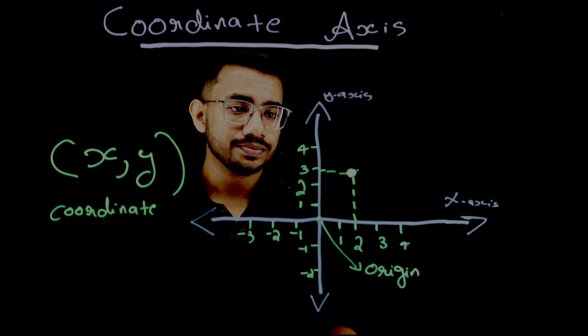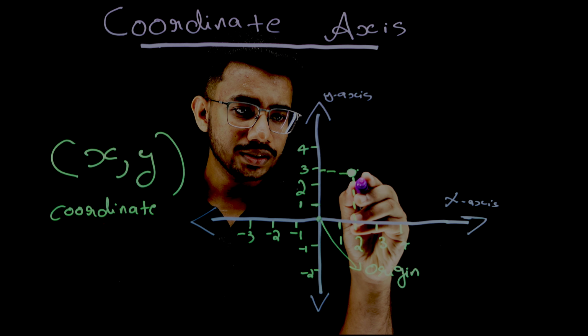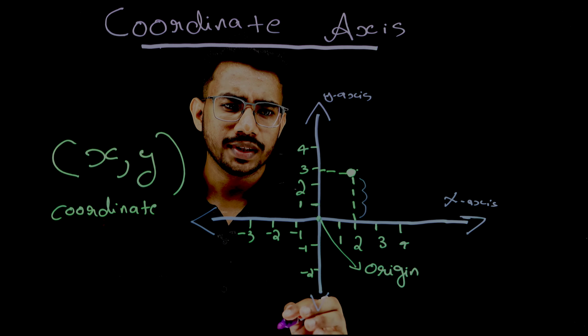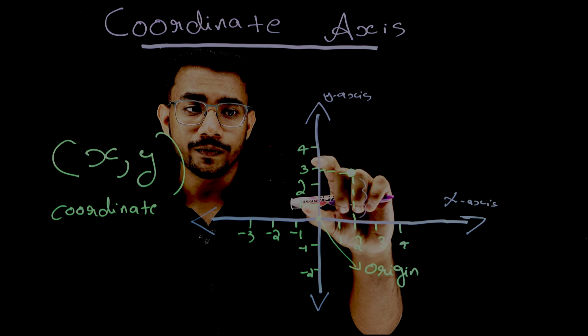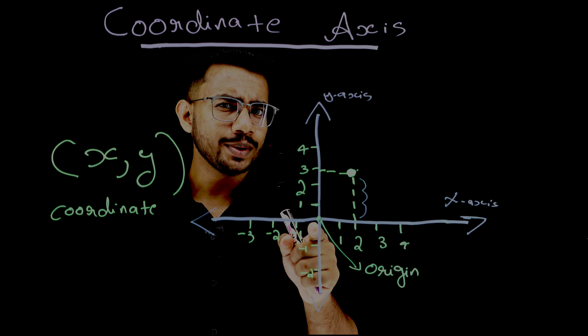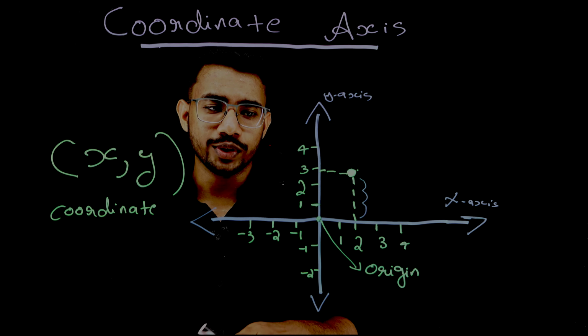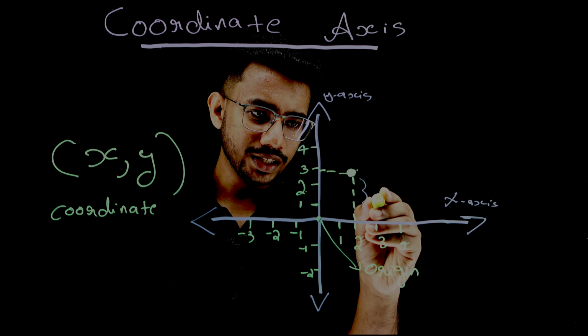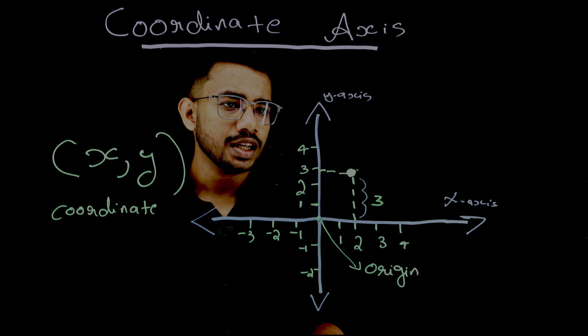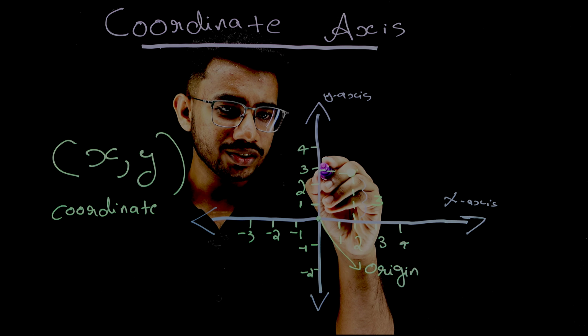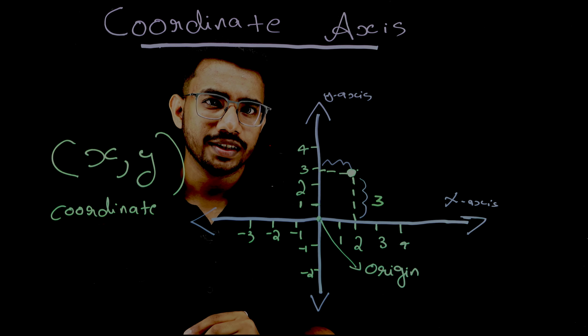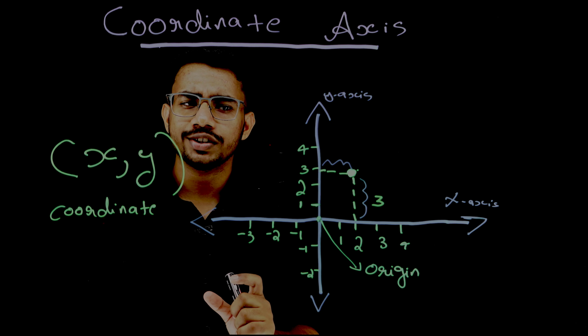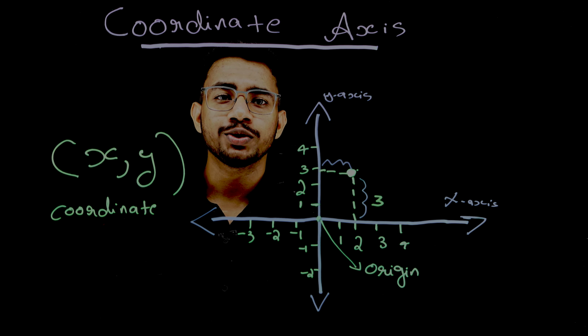And now, what is this distance actually? Isn't that my height or vertical distance? That is how much? That is 1, 2, 3 units only. So, that is 3 units here. Now, what is this distance actually? Isn't that my horizontal distance? That is how much? 2 units only.